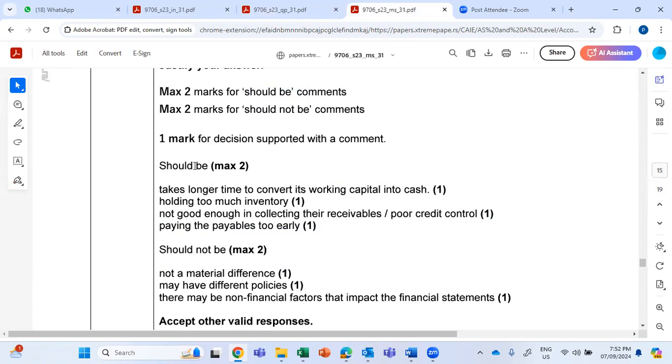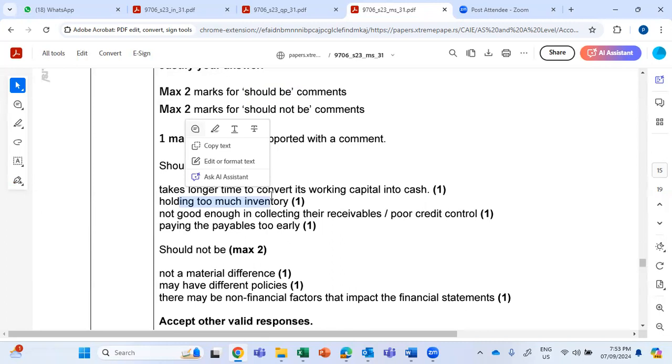If you're talking about should be concerned, we should be concerned because we're taking a longer time to convert working capital into cash. This might indicate that we're holding too much inventory. When you're holding too much inventory, we also have to pay holding costs, like rental, storage, maybe insuring the inventory. This might lead to inventory possibly deteriorating, because sometimes we might be selling a kind of inventory which cannot last long.